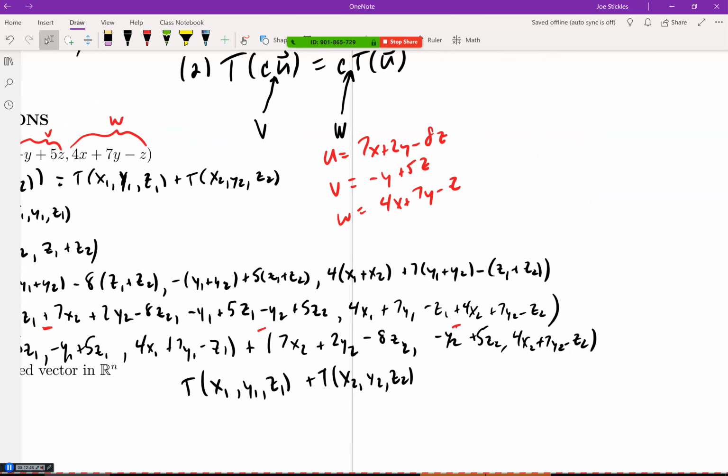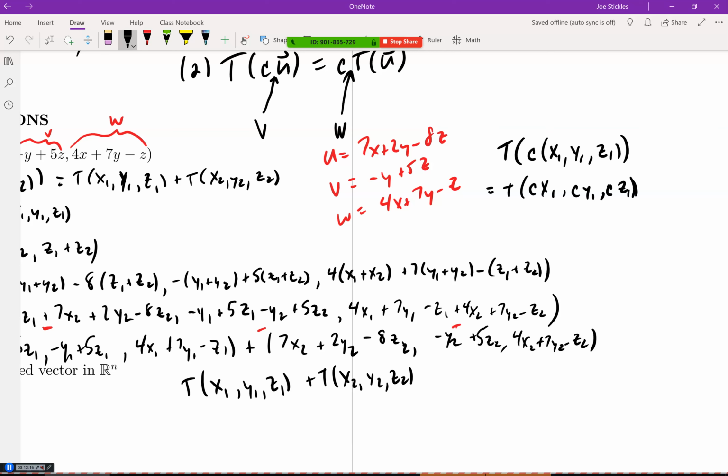I know it's tedious, but we still need to go through it, illustrating the ideas here. All right, so again, if I want to do this one, the first thing I want to do is distribute that c through the vector, so doing the scalar multiplication.